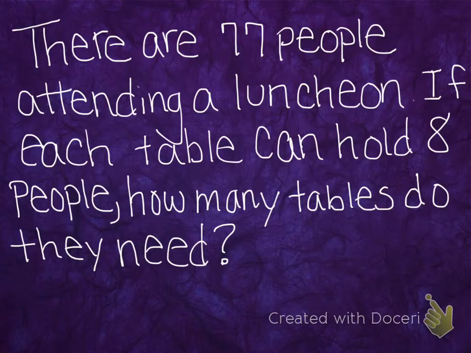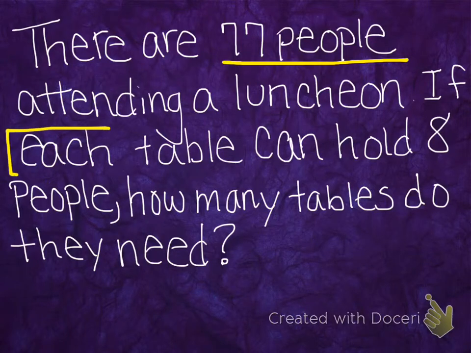So the story problem says, there are 77 people attending a luncheon. If each, that looks like a key word, remember each can be multiplying or dividing. In this case, it's talking about dividing. So we're dividing with the little symbol next to it.